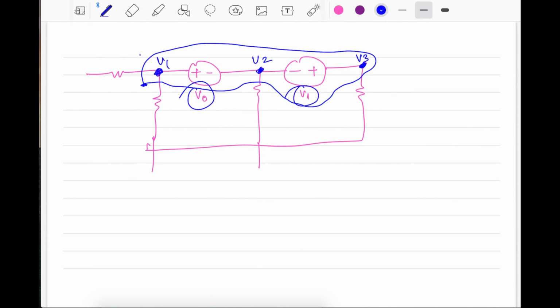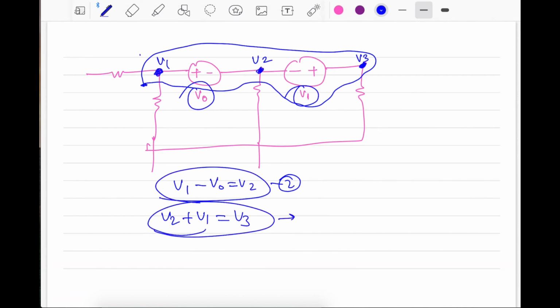Okay, so V1 minus V0 equal to V2 is the second equation, and V2 plus V1 equal to V3 will be your third equation, and the first equation you will get through this Gaussian surface by writing nodal analysis for that.